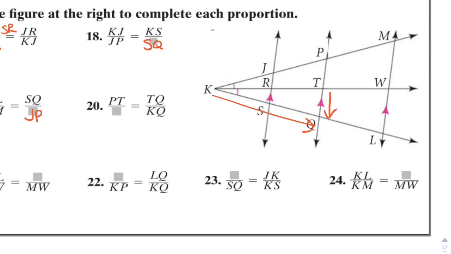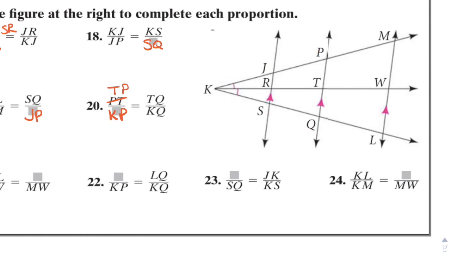I really think we should go as TP is to KP. Similarity is a little different than congruence, but I still think we should go in order. I think we should say TP is to KP. So let's just edit that one.